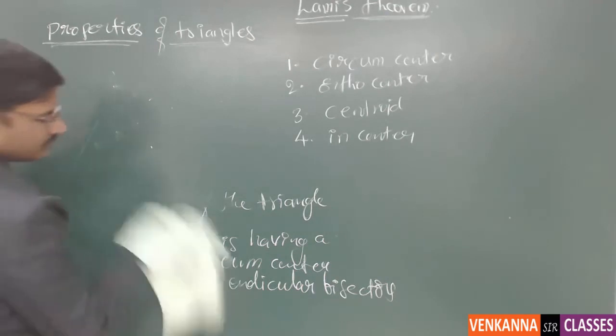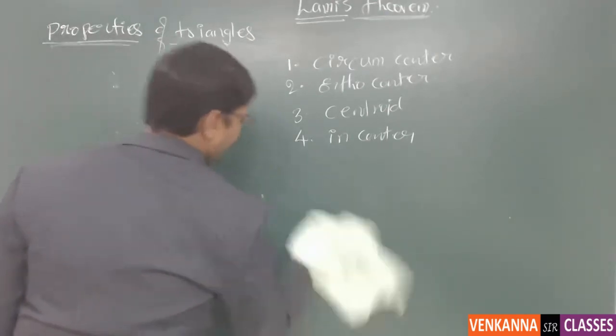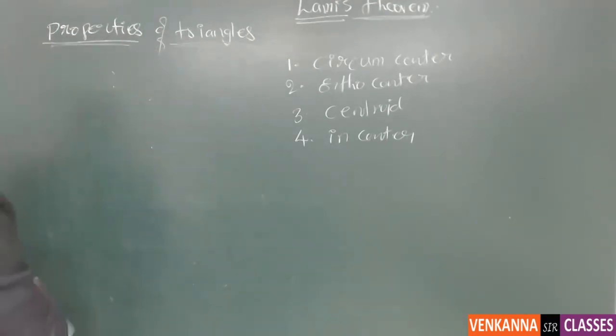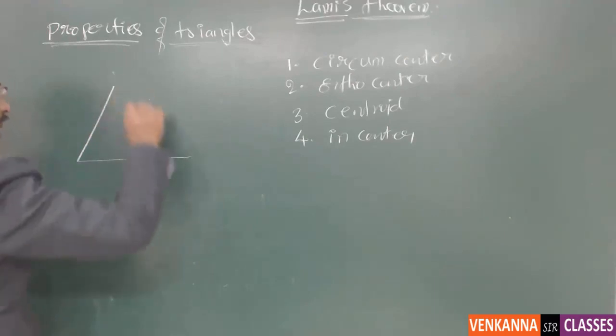Now the orthocenter for a triangle is nothing but the perpendicular lines drawn to the opposite corner.